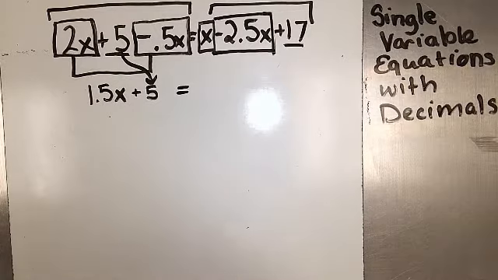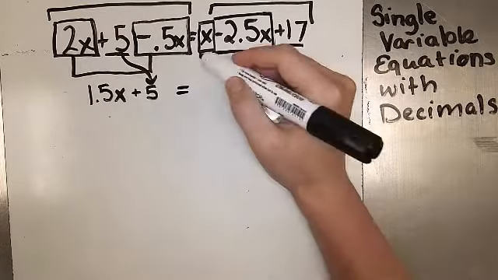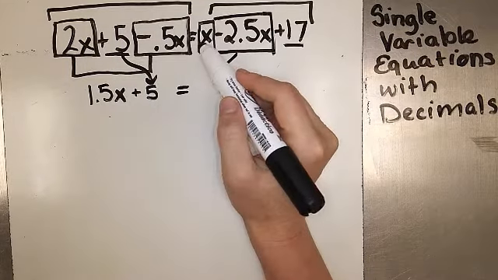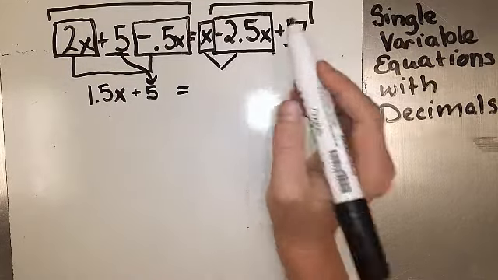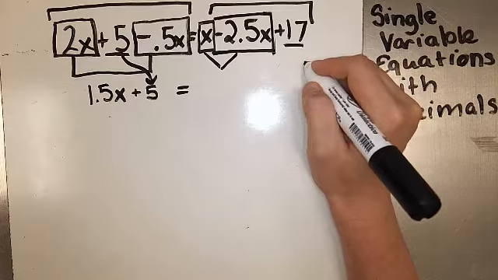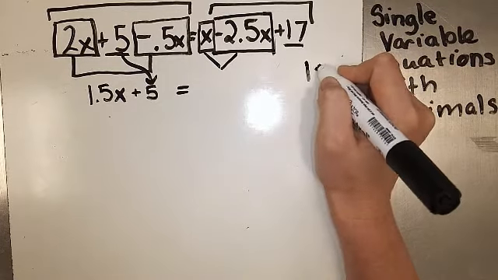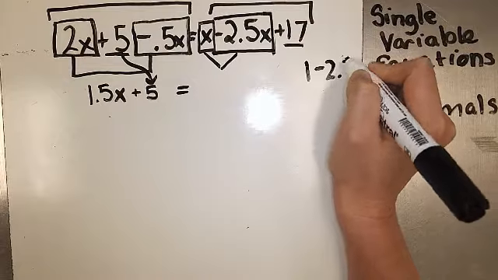The next expression has x minus 2.5x. So these are two variable terms. So I'm going to combine those two variable terms. Just as I did before, I'm going to take the coefficients, and you should have seen that the coefficient in front of the x is 1, and I'm going to add the coefficients together to see what my new coefficient is. So I have 1 plus a negative 2.5.